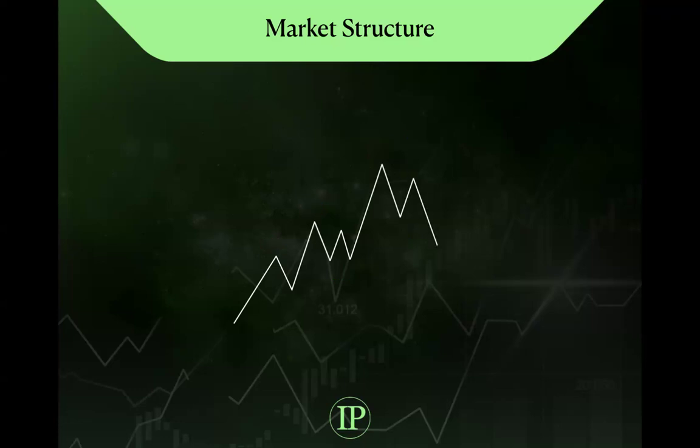This, if I may ask, make a quick assumption over here. Do you think that this is a break of structure? Okay, because I said higher lows need to remain intact, right? But there is one exception when it comes to this, okay?